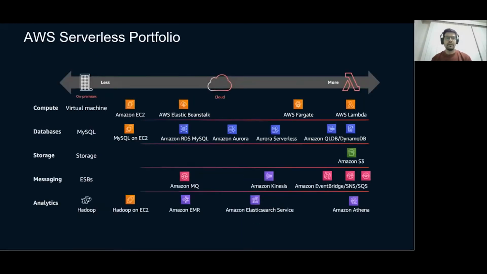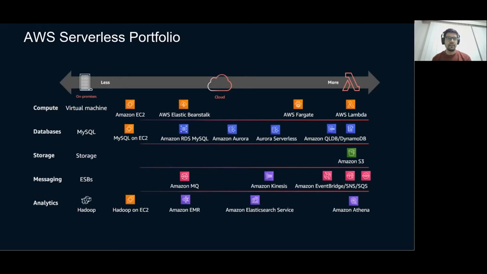So if we look at the AWS service portfolio, AWS provides a lot of different services with respect to different domains. If we see on the left-hand side of our diagram, we can see the traditional way of doing things. For example, for compute, we had virtual machines.